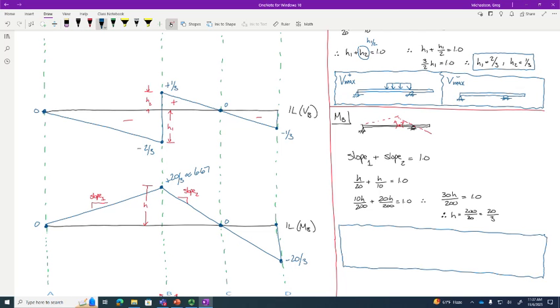So if that's the worst case positive shear, how do you think I'm going to get the worst case negative shear? Maybe everywhere else. Maybe this.